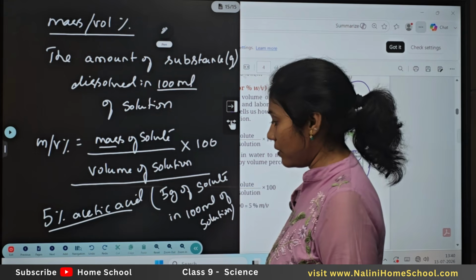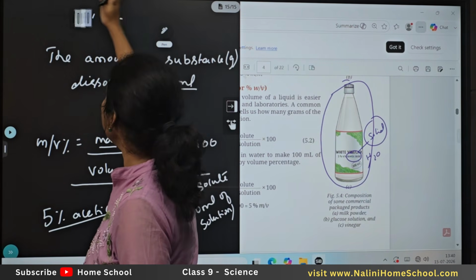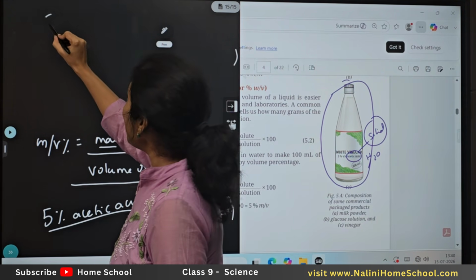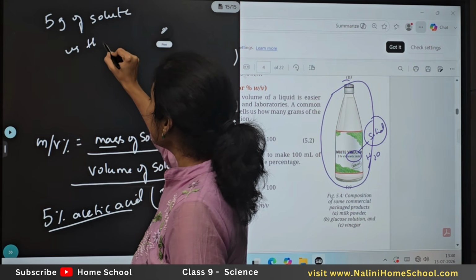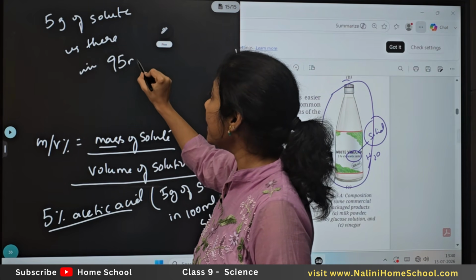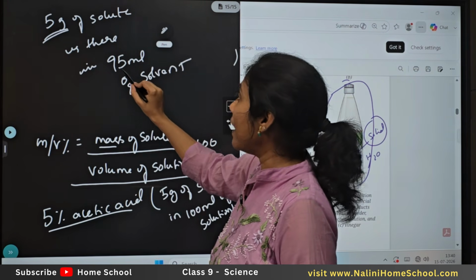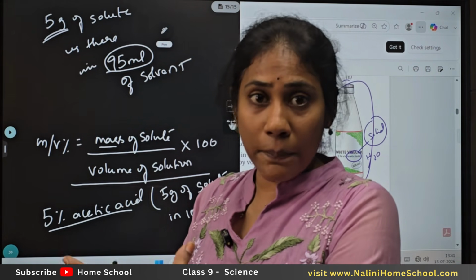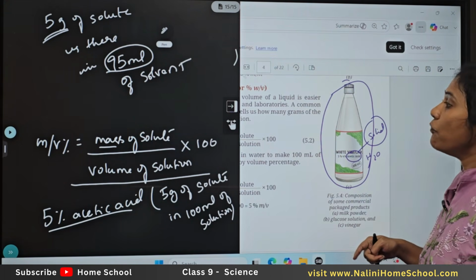Or in other words, you can also say it as, very important, 5 grams of solute is there in 100 minus 5, that is 95, so that means 95 ml of solvent. So how much solute is there? 5 grams. But how much solvent is there? It is 95 ml. Solution is always a combination of solute plus solvent, remember. So that is about mass by volume, guys.